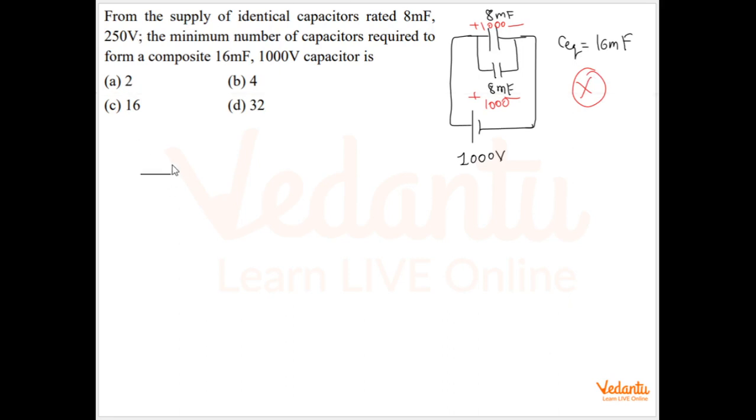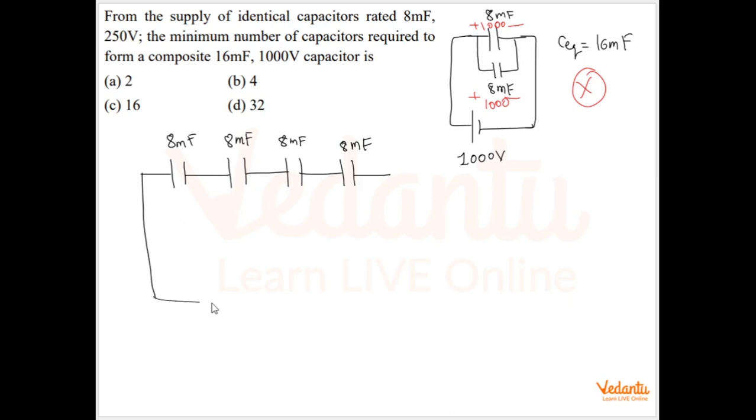For example my dear bachcho, if I connect 4 capacitors in series, each of them having the capacitance 8 millifarad, 8 millifarad, 8 millifarad and 8 millifarad, with a battery of potential 1000 volts, then the overall 1000 volts in this case beta will be divided, and each of them will only get 250 volts potential.